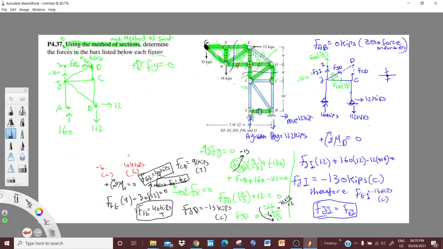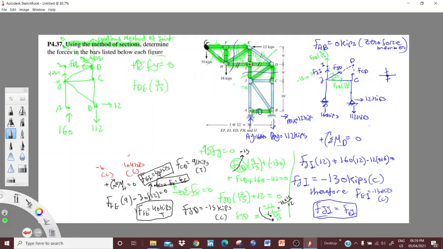I will resolve vertically. I will say FDE times 9 over 15, so FDE is equal to 9 over 15 upward force.